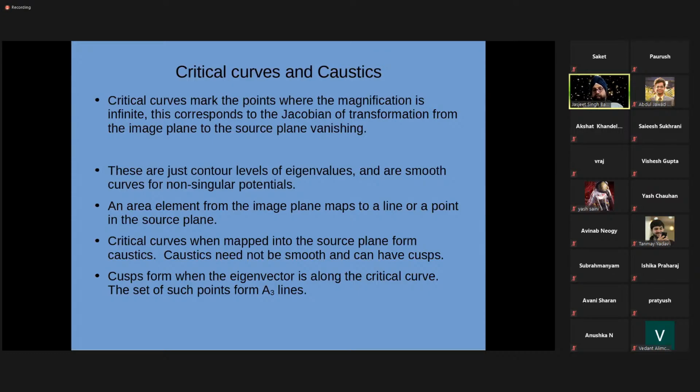Okay? And these are smooth curves. But if I take a critical curve in the image plane and I map it into the source plane, this forms what are called caustics, and caustics need not be smooth and can have cusps. Okay, and cusps form. Let me not go into this particular detail.